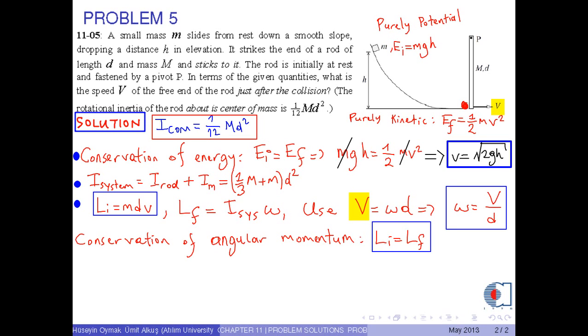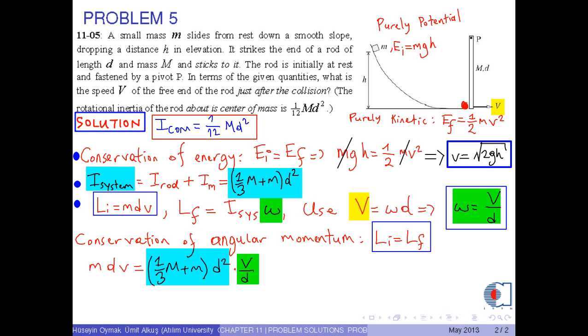Now, by the conservation of angular momentum, that is Li equals Lf, we have m times d times v, which is equal to (1 over 3 times capital M plus small m) times d squared times capital V over d.